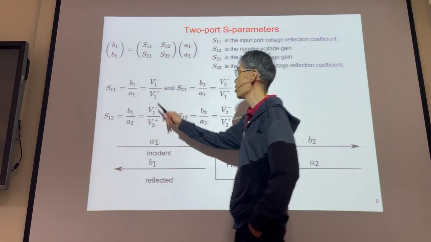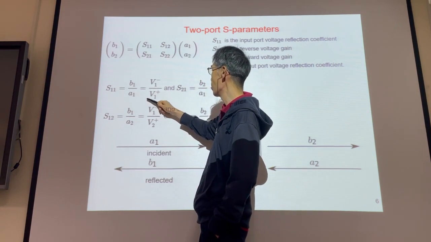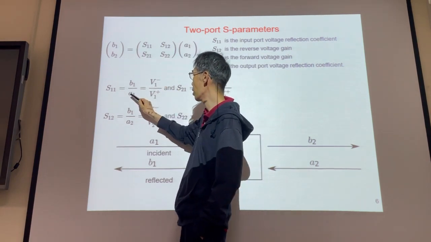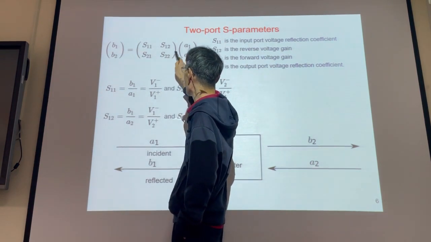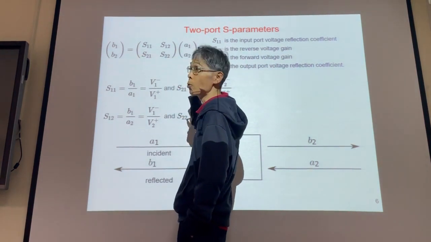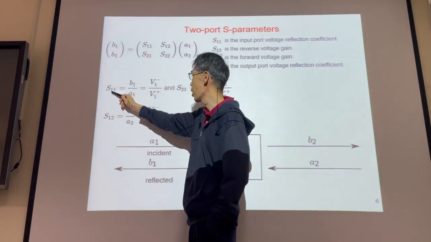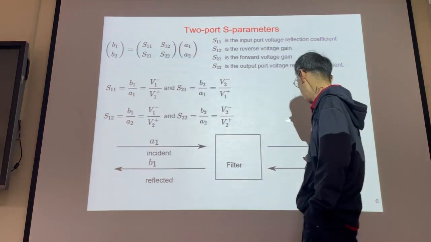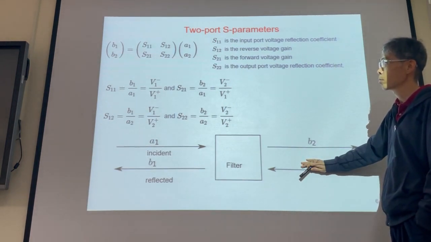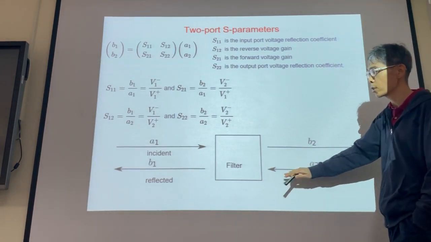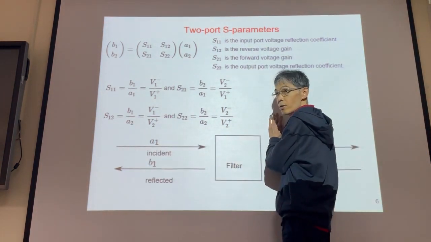Okay, so S11: B1 equals S11 A1 plus S12 A2. But S11 is defined when A2 is 0. If A2 is 0, we just consider this one; we don't consider the other side.